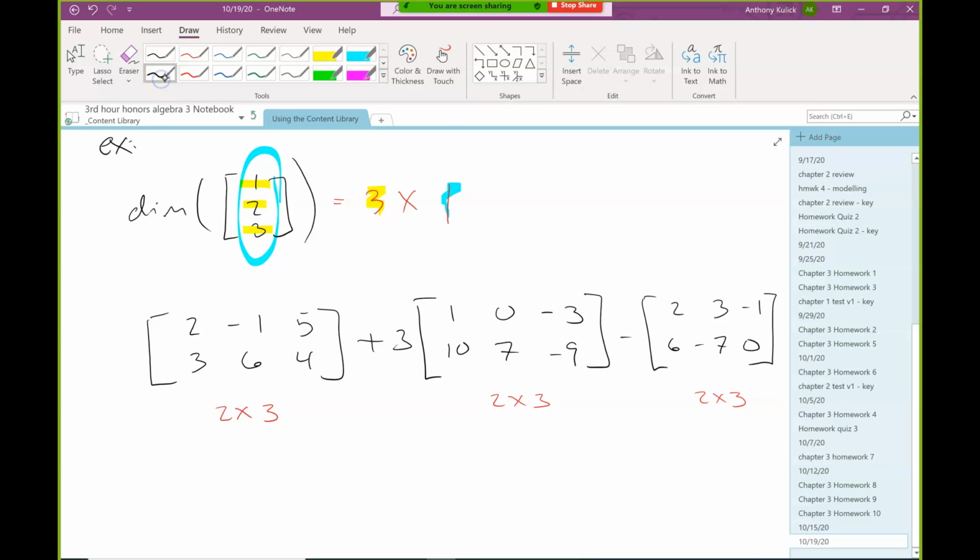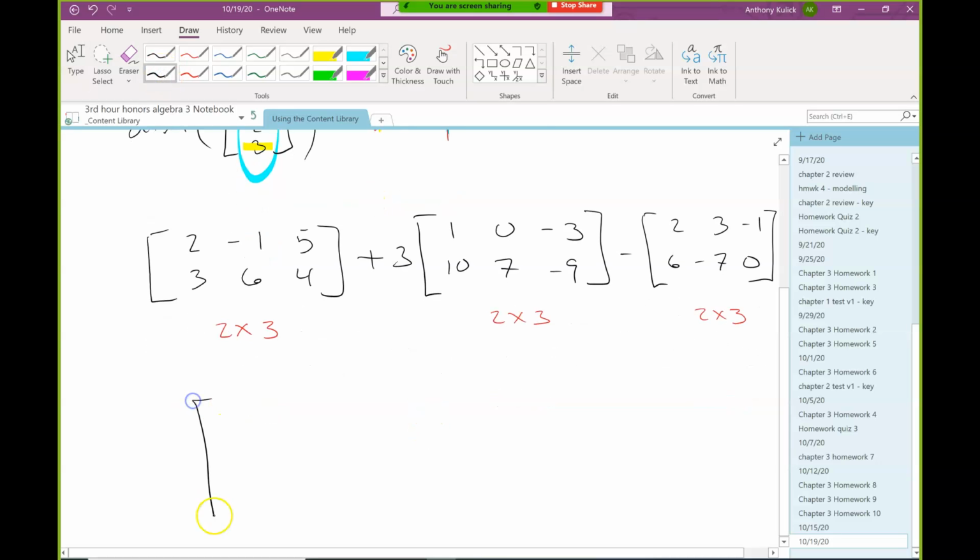I'm going to do it all in one step. So I'm going to do 2 plus 3 times 1 minus 2. That's going to be my first entry. Does everybody see how I did that? I took 2 plus 3 times 1 and then 2 to get my first entry.